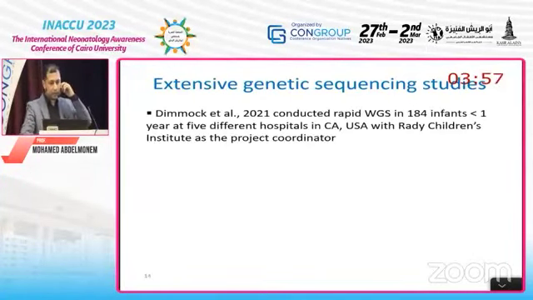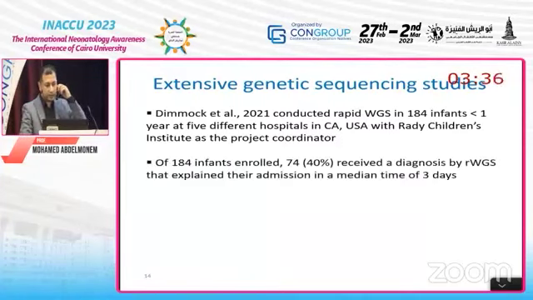Another study by Dimmock et al. 2021 conducted rapid whole genome sequencing in 184 infants, less than 1 year, at 5 different hospitals in California, USA, with the same institute responsible for the previous study, Rady Children's Institute, as the project coordinator.